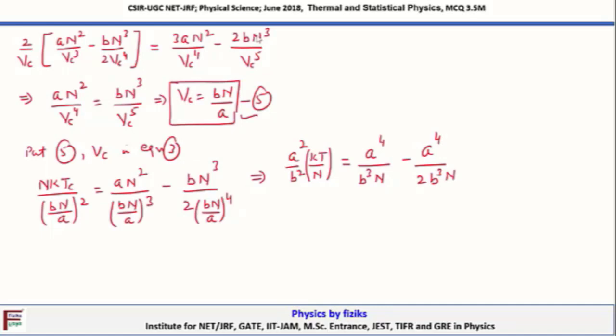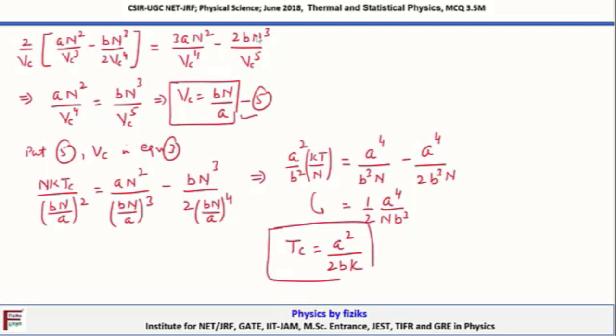Okay, and this is further equal to, after rearranging the terms, 1 by 2 a^4 divided by n b cube, and after solving these two expressions, Tc comes out to be equal to a square upon 2bk, where k is the Boltzmann constant.